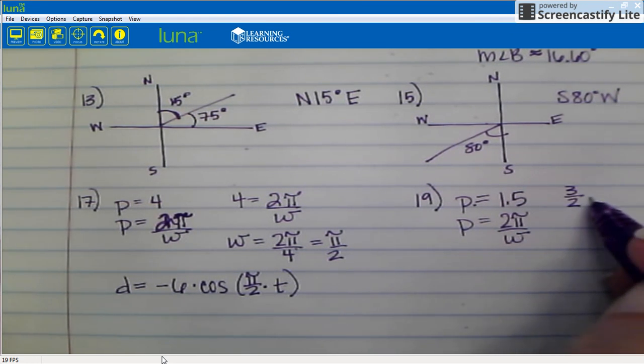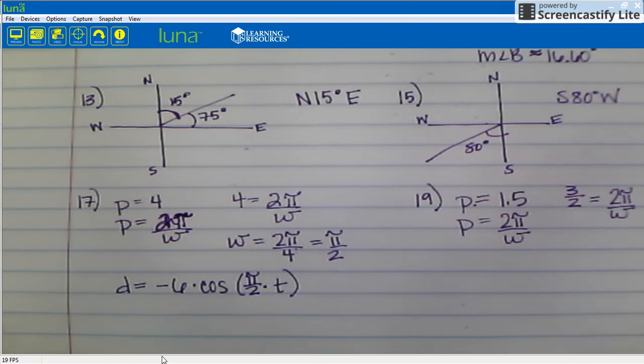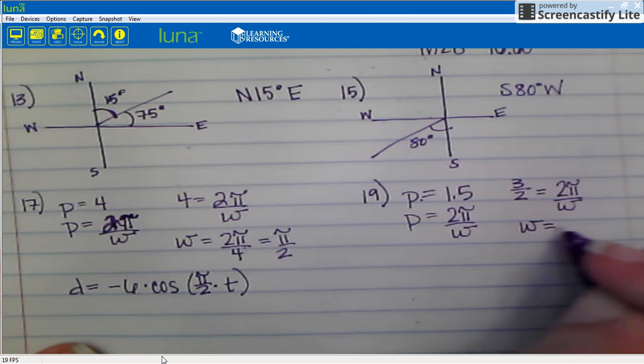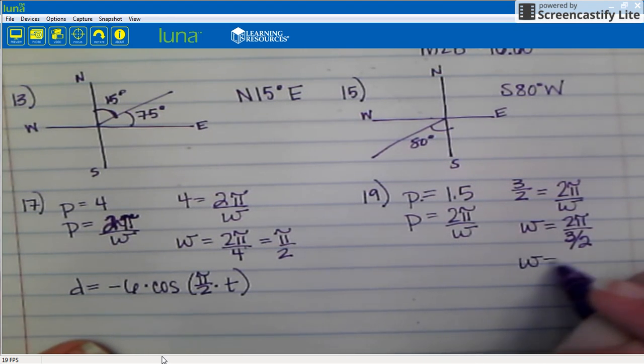So I have 3 halves is equal to 2 pi over W, and I solve for W. So this is going to give me W equals 2 pi divided by 3 over 2, which is going to simplify into W is equal to 4 pi over 3.